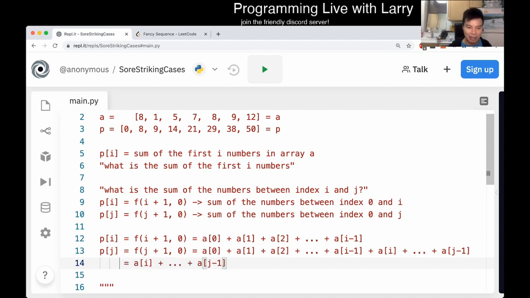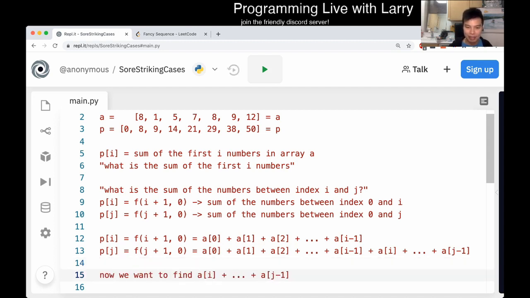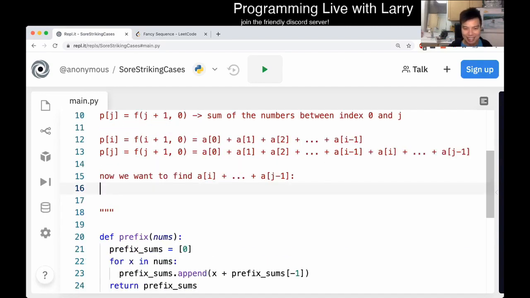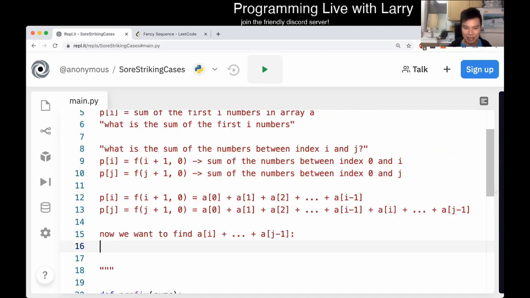So let's say now we want to find this function. And this function, if you look at it again, is just this function minus this function, right? Because a sub 0 cancels out, a sub 1 cancels out, a sub 2 cancels out, dot dot dot.